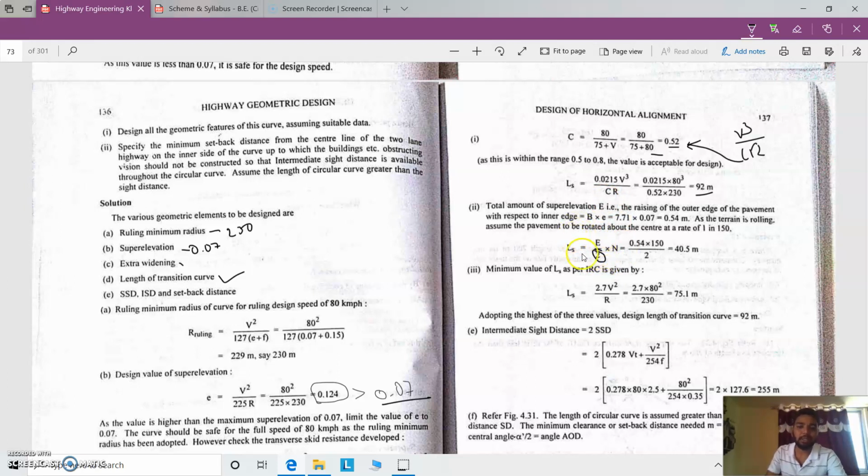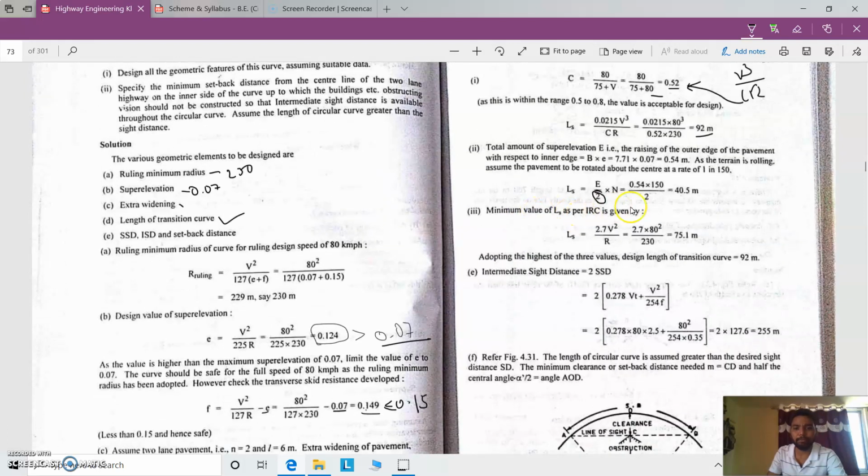Now we have considered the terrain is rotated about its center, that means E by 2 is considered, and N is 150, and E is 0.54, that E is given, and 150 by 2. 0.54 is nothing but rotating about its center line, meaning 7.71 is the total width of the pavement, and 0.07 is the total super elevation, right?